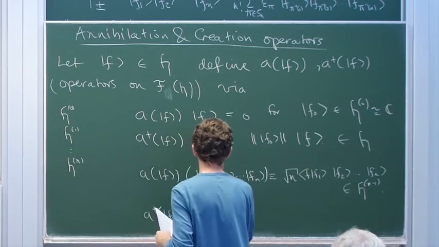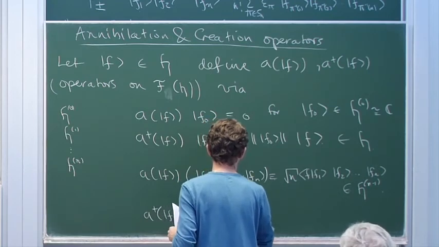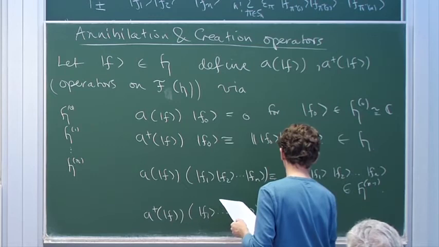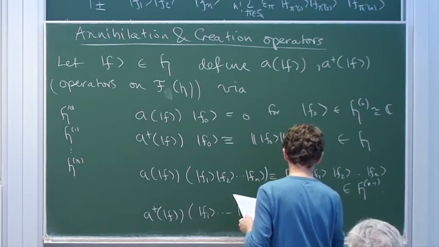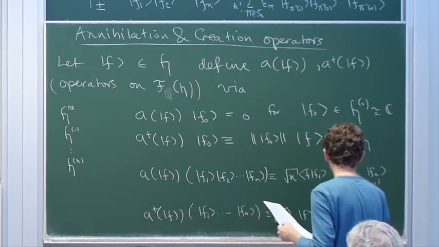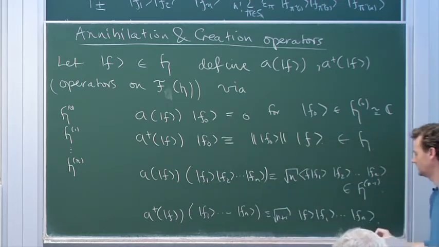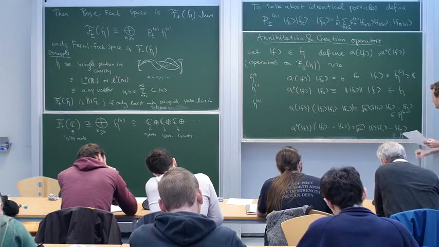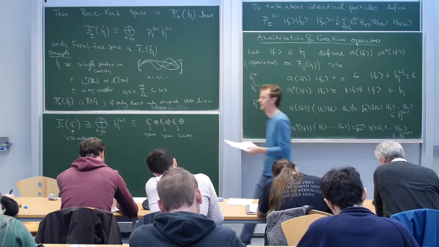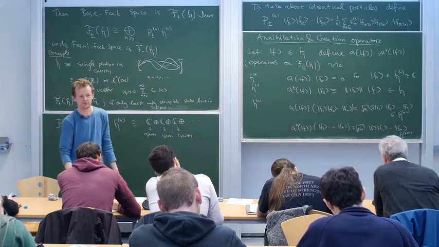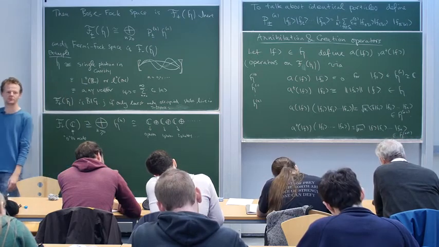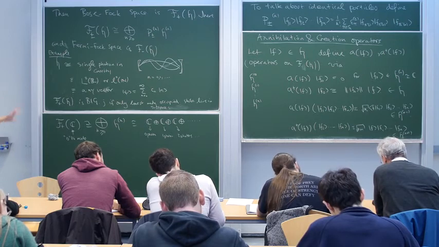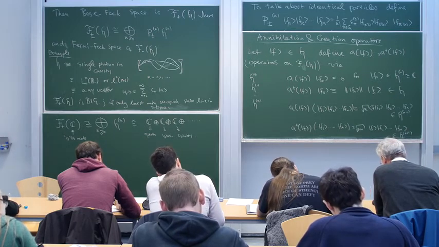Well, you get this element of Hn plus 1. So these funny A operators, which sort of look like creation and annihilation operators, but sort of not, these are the building blocks for what will be the creation and annihilation operators.